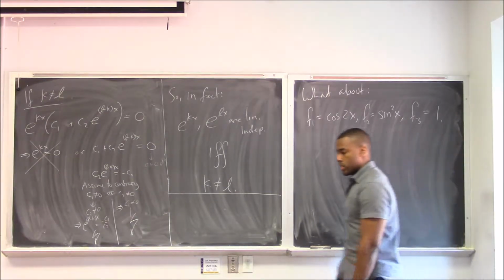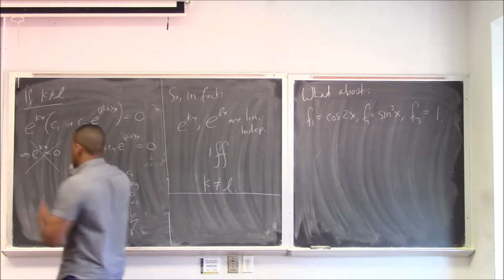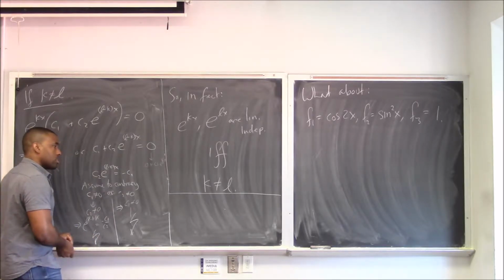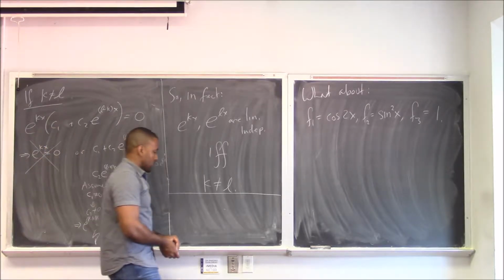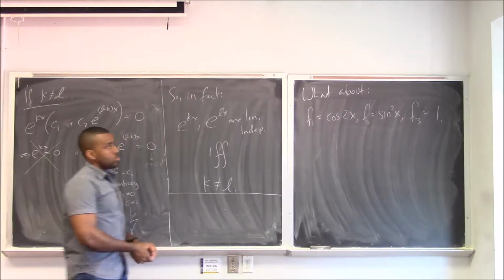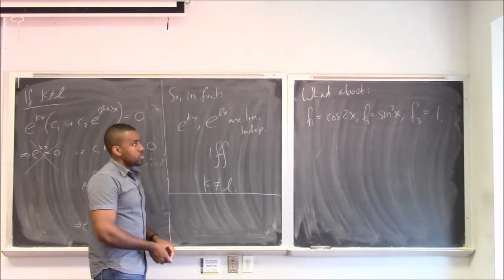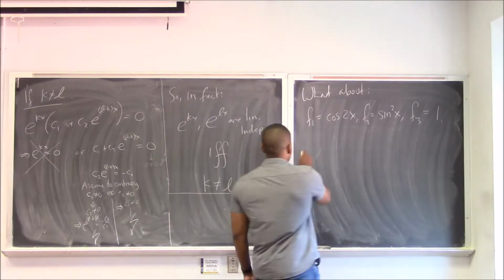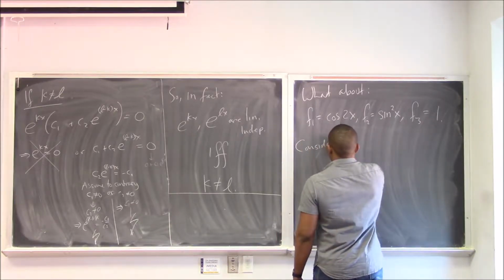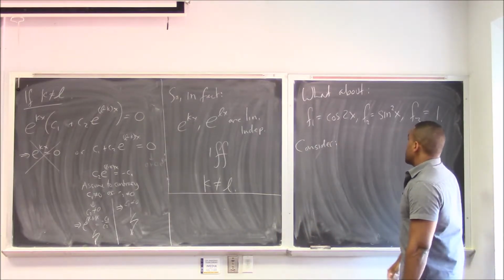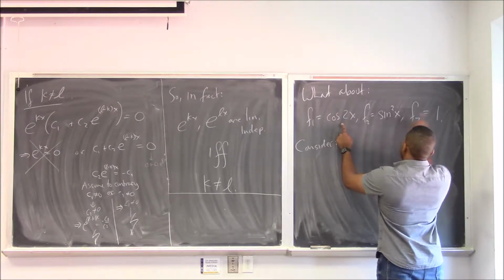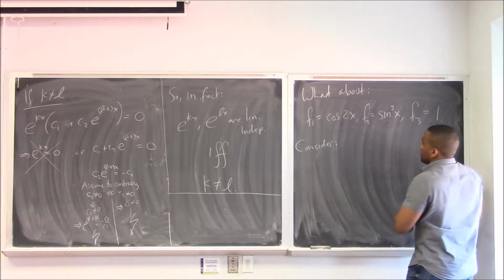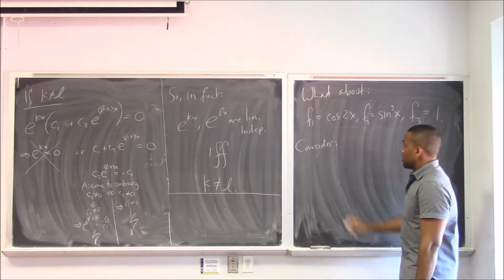All these functions are continuous on the real line, so they are in C of minus infinity to infinity. Dependent or independent? We have to check each one with each other, right, with the others. Sure. Can we check them all at once? We can check each pair, this with this, this with that, and then this with this. You could check it pairwise.